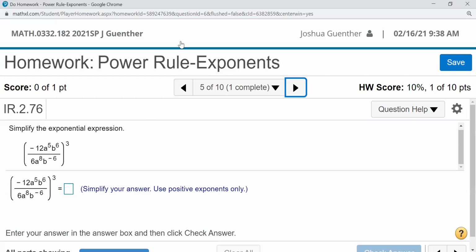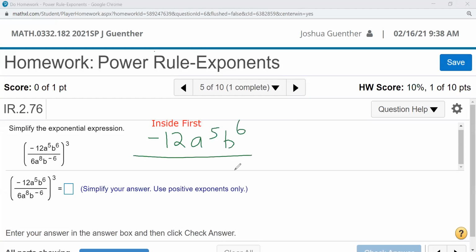So before we try to evaluate it, let's look at the inside first. You have negative 12, a to the 5th, b to the 6th, all over 6, a to the 8th, b to the negative 6th.